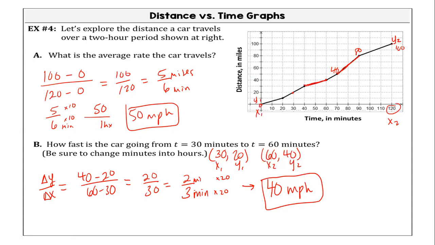So this is the interval I'm looking for. How fast am I going then? I'm looking here, from 40 and 30 up to 60 and 40. Can I calculate how fast I was going at 45 minutes now? Yes. Does that make sense what that part is now asking you?